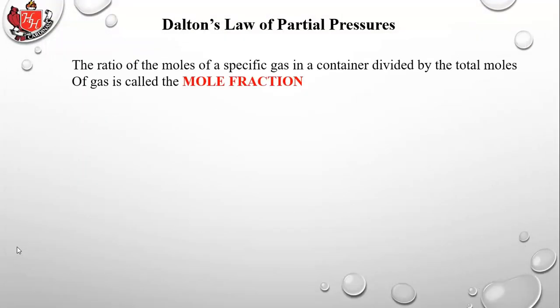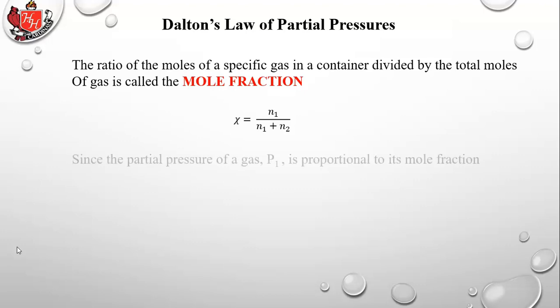So the ratio of the moles of a specific gas in a container divided by the total moles of gas is called the mole fraction. Okay, we talked about that in the previous unit. So there it is, chi equals the number of moles of gas number 1 over the total number of moles. If we assume there's just 2 gases involved, then it's n1 plus n2.